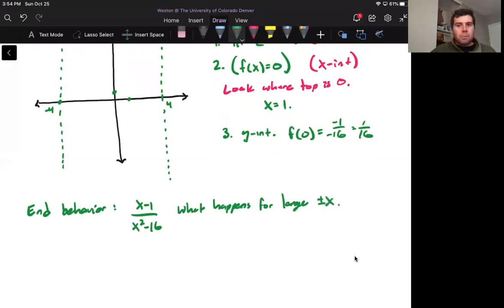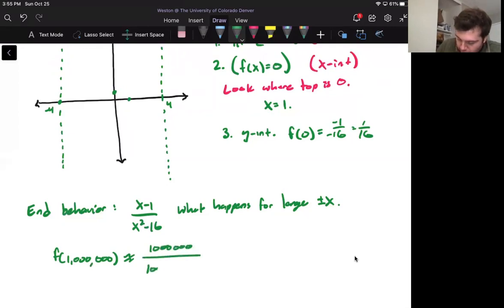So when we plug in really large positive values or really large negative values, so if we plug in x is 1,000,000, then we can kind of think about it as: we have 1,000,000 divided by... so plug in f of 1,000,000 is approximately 1,000,000 over 1,000,000 squared.